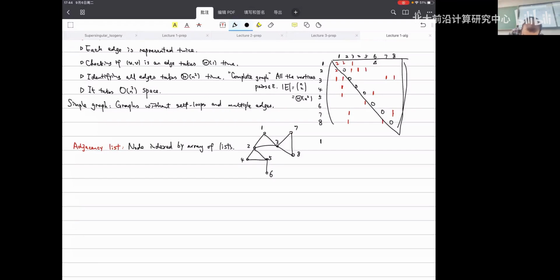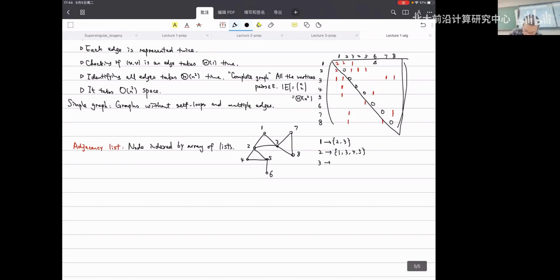We look at each vertex here. For the vertex 1, we know that 2 and 3 are its neighbors, so we are going to draw something like that. At vertex 1, we store 2 elements, which are 2 and 3. For 2, we can store 1, 3, 4, 5, because 2 has these 4 neighbors.